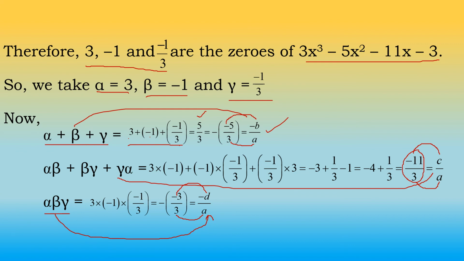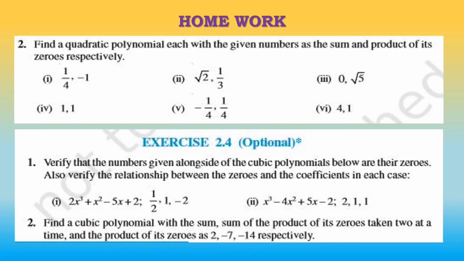This is an important model for a 4 marks question. Now with this help you can try these homework problems. In exercise 2, second Roman numeral, find a quadratic polynomial each with the given sum and product.